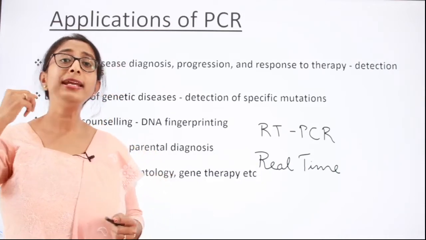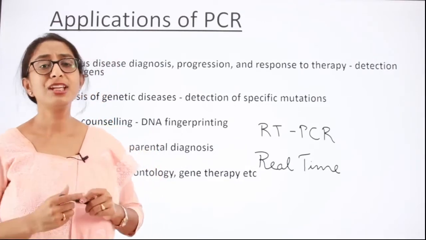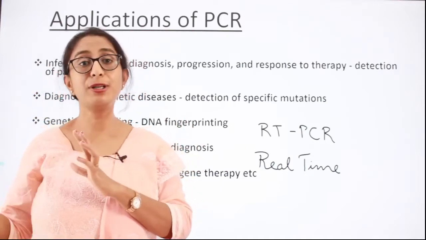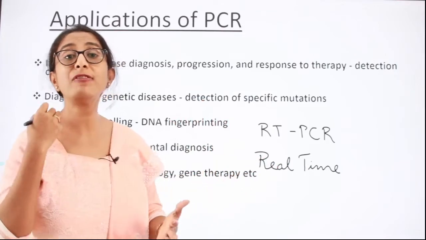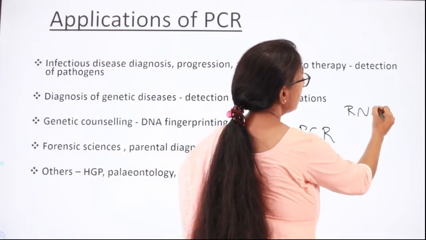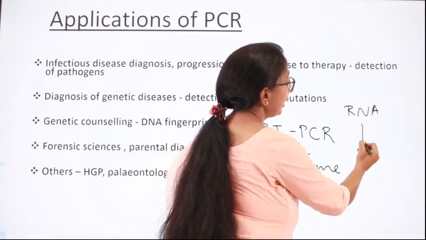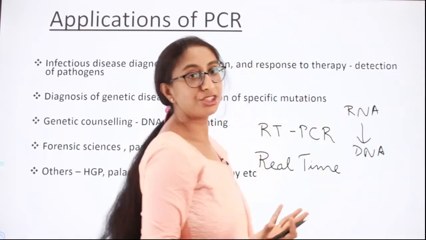Now we need to make several copies of that. However, in polymerase chain reaction, we can only use DNA and make several copies of that. The coronavirus does not have DNA, it has RNA. So what can we do? We need to convert this RNA into DNA and then we can go ahead with the polymerase chain reaction.